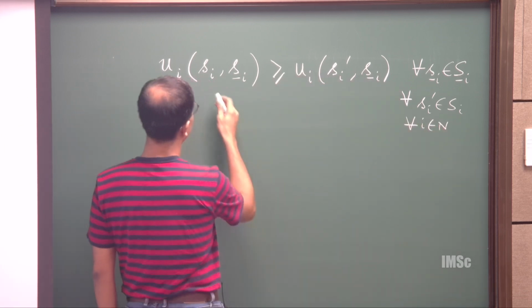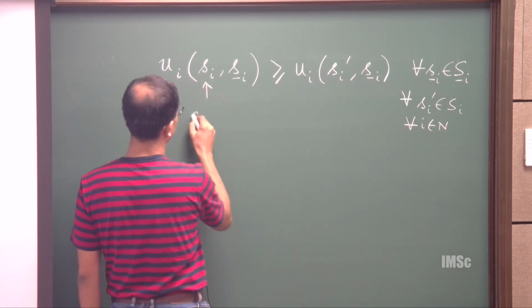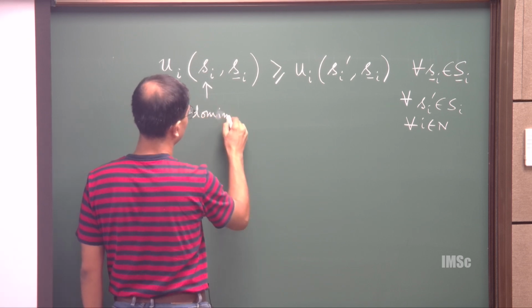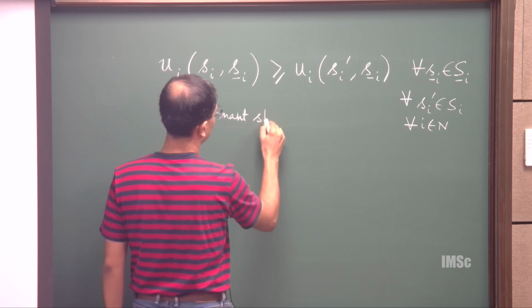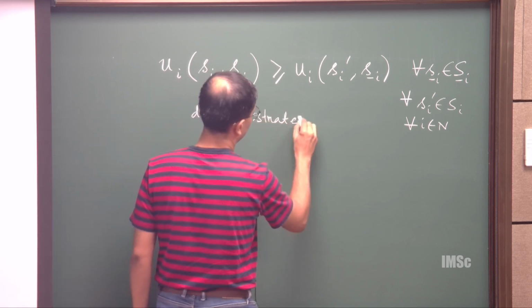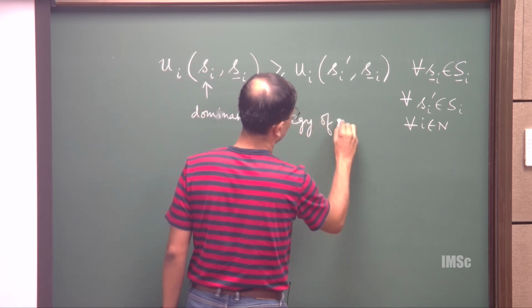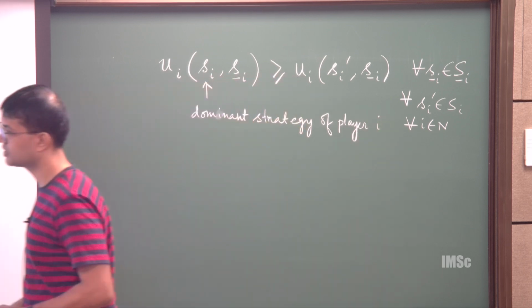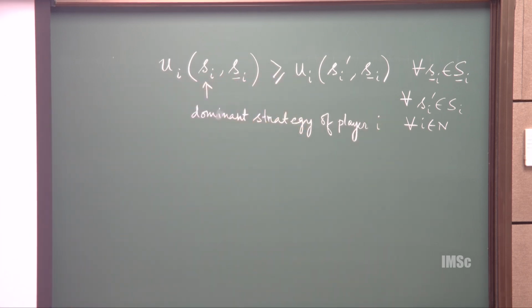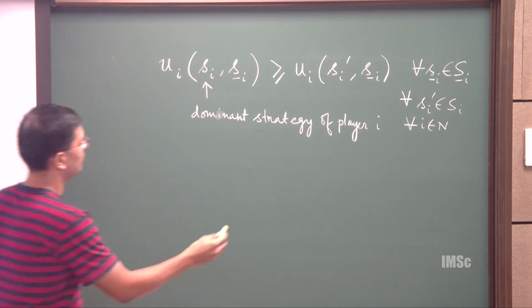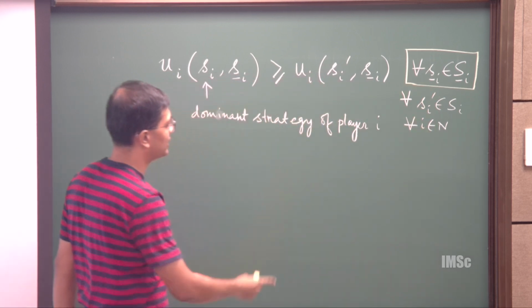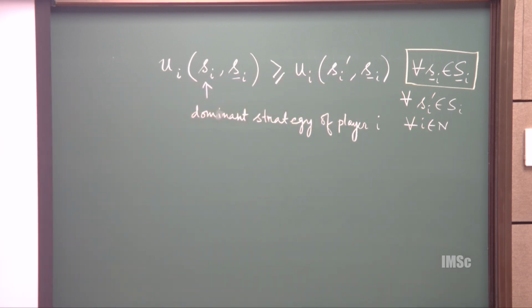So if that happens, then we call this particular strategy a dominant strategy of player i. Okay, so just remember this specific thing, that this is true for every S_minus_i of the other players, right.